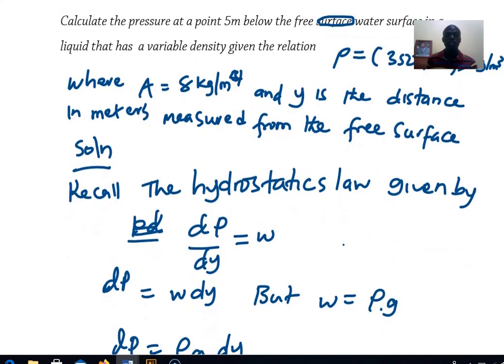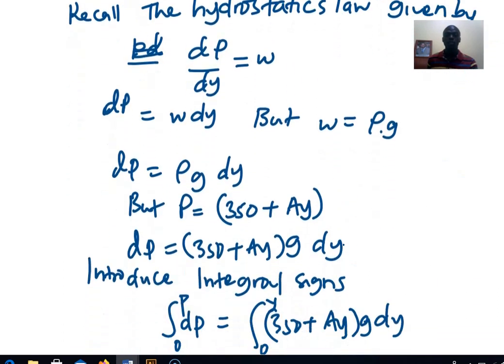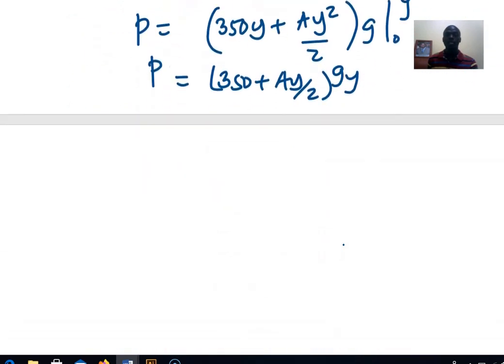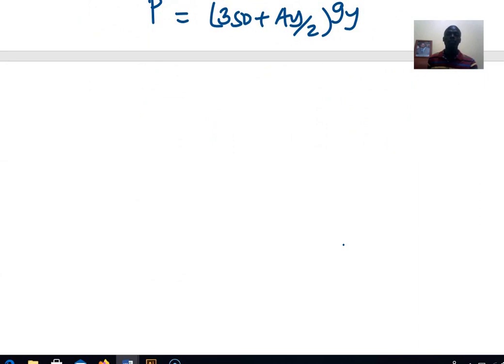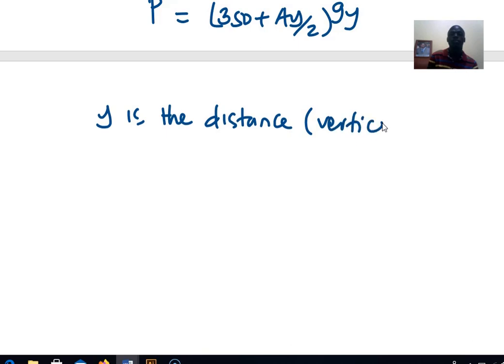So we are going to substitute a figure of y equal to 5, because y, as we know from the derivation, is the vertical distance below the free surface.